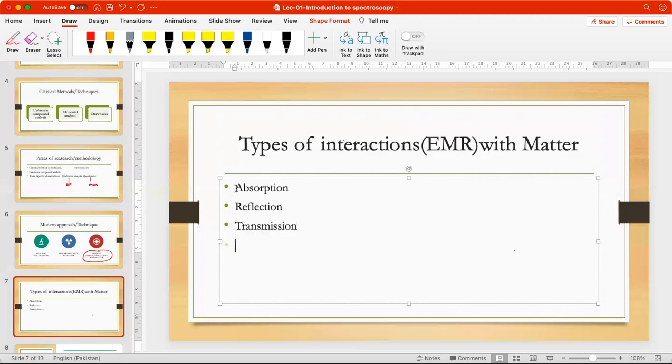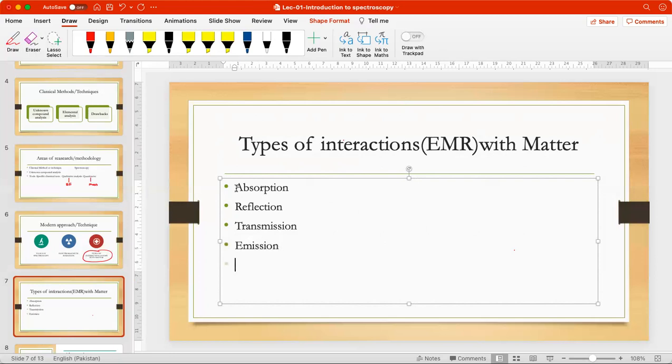Fourth possibility is that electromagnetic radiation after interaction with matter emits some light. We will call this emission.